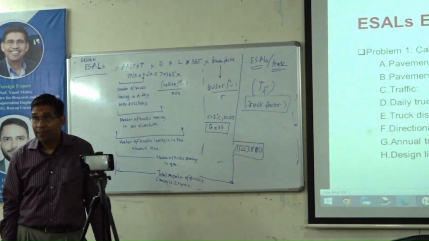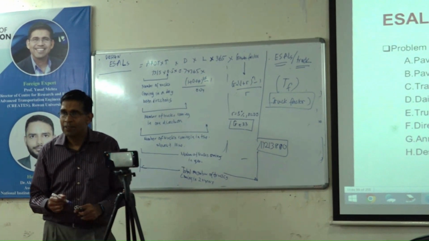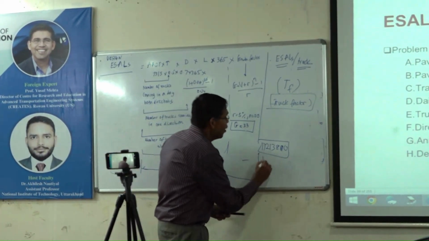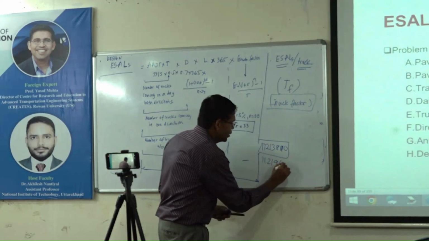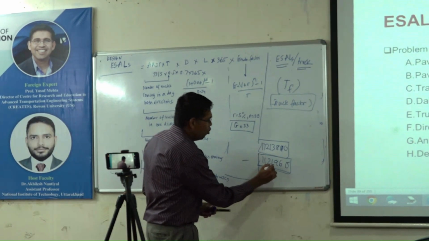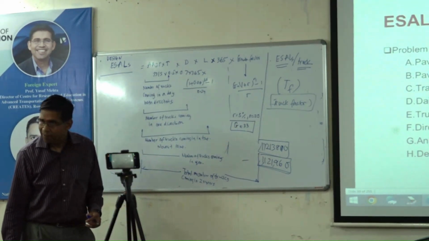So, just writing those numbers. 1.2190. Okay. Close enough. So close to around 1.12 million, give or take. Right?